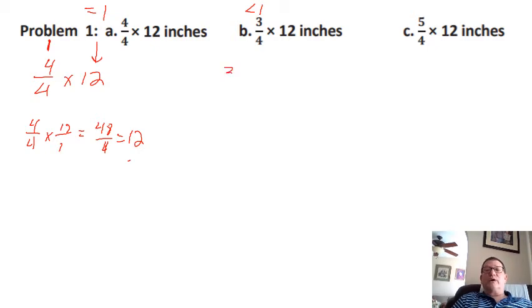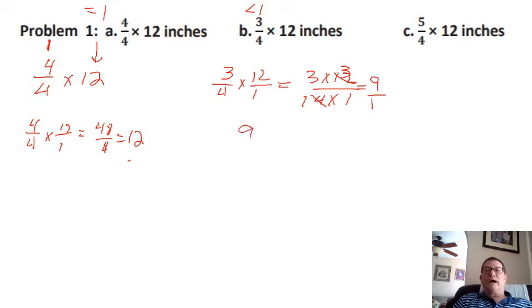And let's see this work out. 3/4 times 12, which is 12 over 1, which gives us 3 times 12 over 4 times 1. 4 goes into 4 one time, 4 goes into 12 3 times, and we equal 9 over 1, which gives us 9. And that'd be 9 inches. And we can see 3/4 of 12 is 9 inches. So since we multiply by a fraction less than 1, our product was less than the other factor.